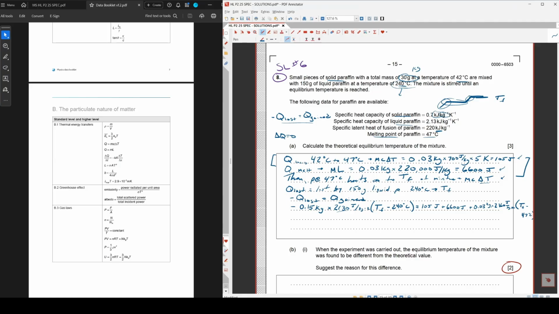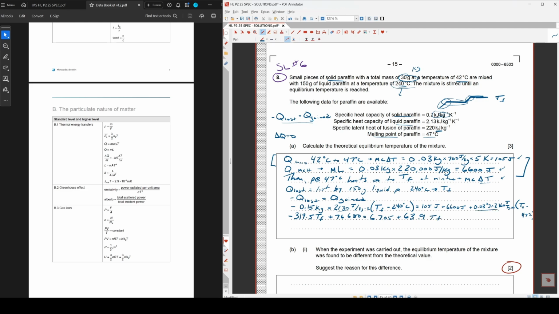Anyway, you've got to distribute a bunch of stuff. It's a mess because the trick is, you get a number here, you've got to distribute it in. And then you get two different terms with T. So if I do that, I end up with, okay, so I guess this number is 319.5 times the final T plus, because minus times minus, 76,680 equals, let's see, I got 67.05 here plus 63.9 is what I get when I multiply this.